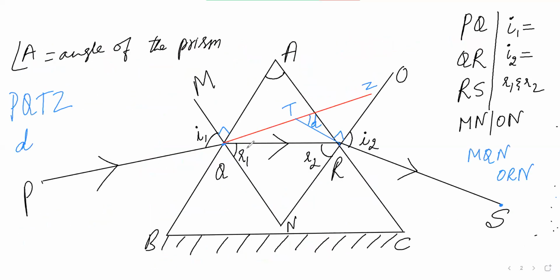Angle QAR plus angle QNR. Here you can see QAR and QNR. If you add those 2 angles, we will get 180°.